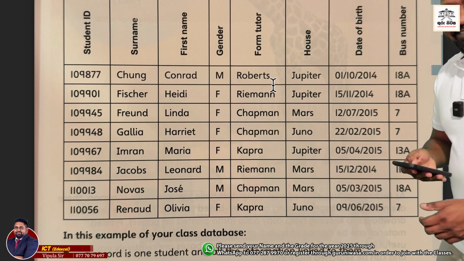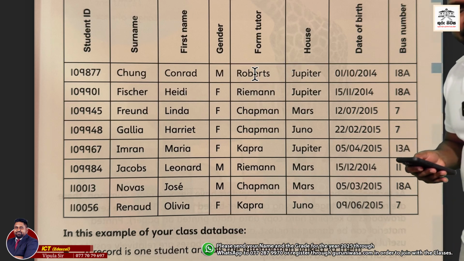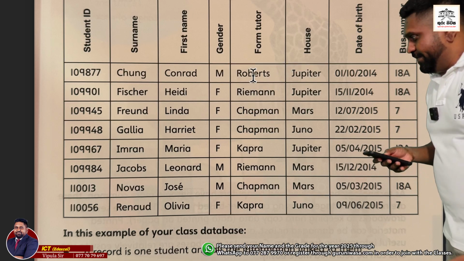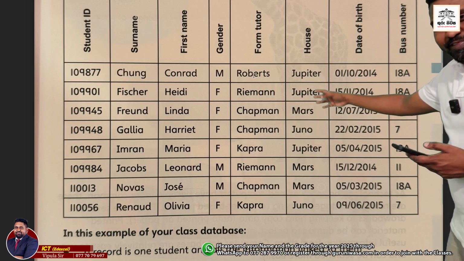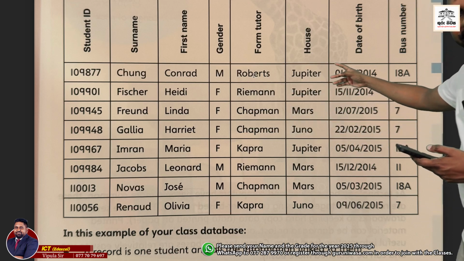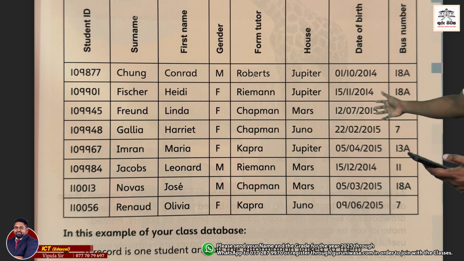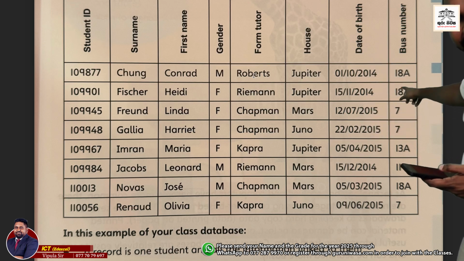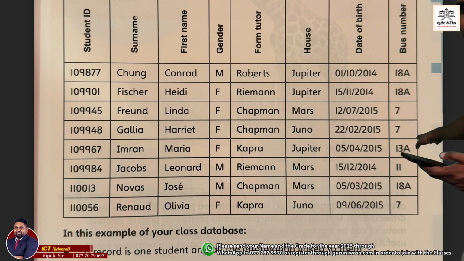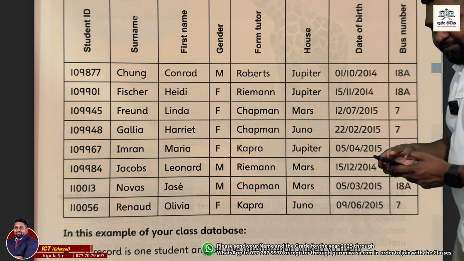Now, you can see all these students have their houses as well, from this column. Then we have the birthday, and the last item is a bus number. Bus number in the sense, හිතන්න මෙහෙම එකක්.